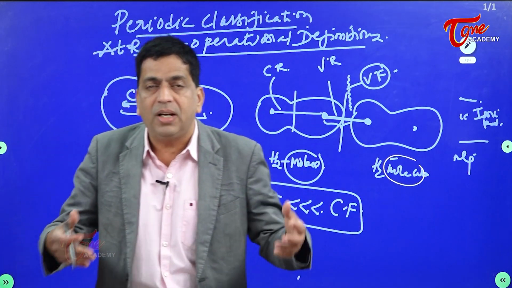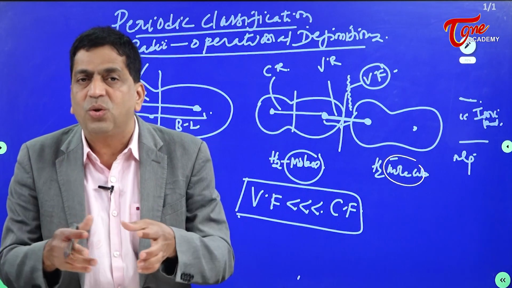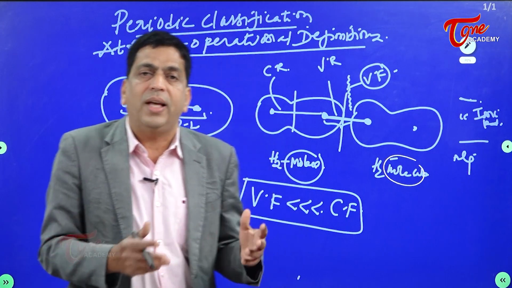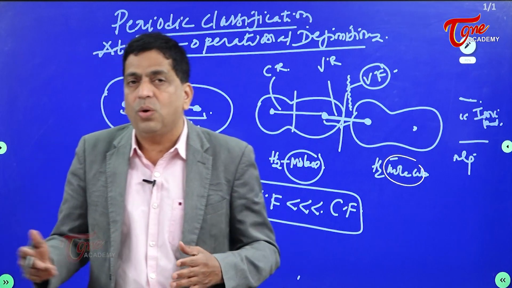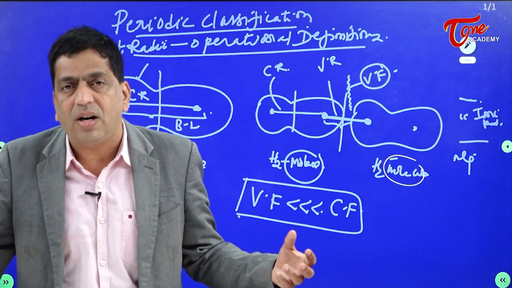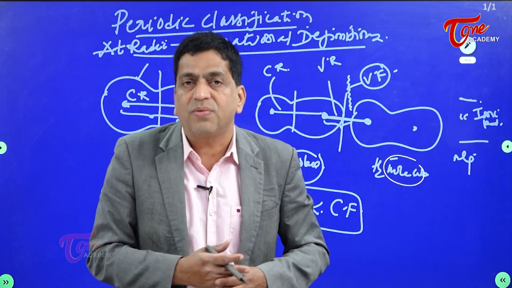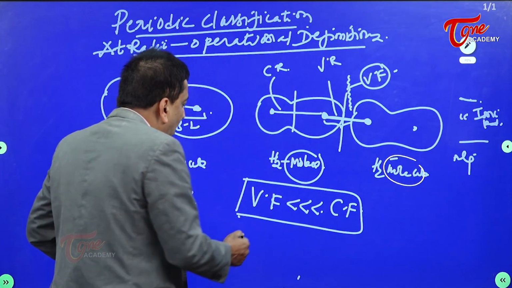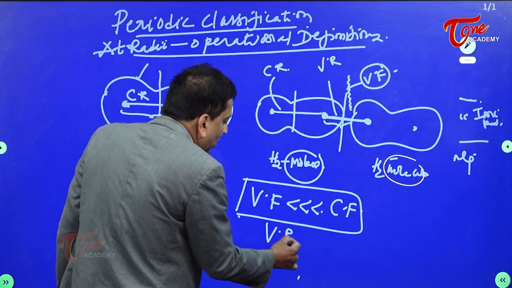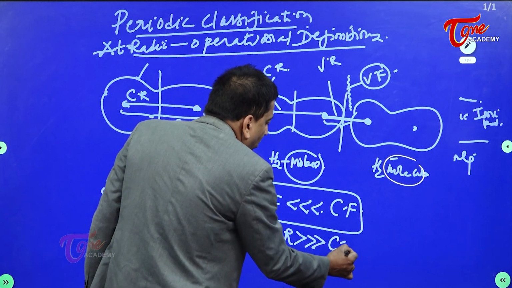They are far away, and we are looking at a situation where they are actually closer, right? So what happens if the van der Waals force is weak? If it is weaker than covalent force, the adjacent atoms are far away, and at that point of time, when you are measuring the van der Waals radius, obviously the consequence would be that the van der Waals radius is in fact greater than the covalent radius.